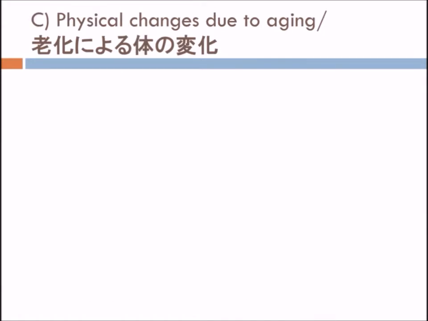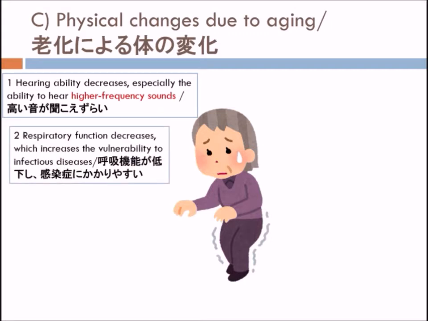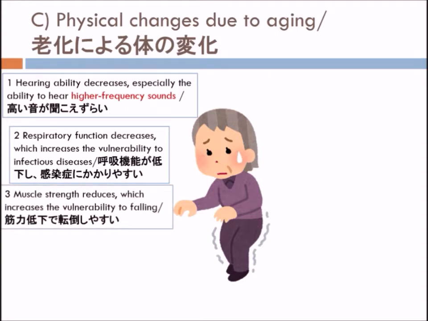Physical changes due to aging. 1. Hearing ability decreases, especially the ability to hear higher frequency sounds. 2. Respiratory function decreases, which increases the vulnerability to infectious diseases. 3.